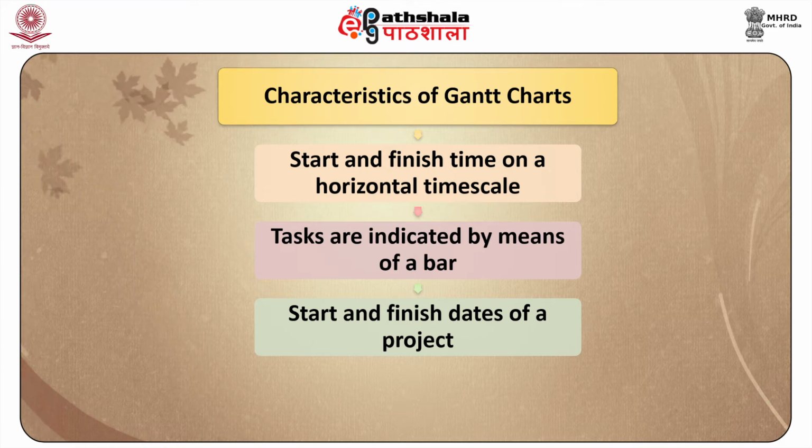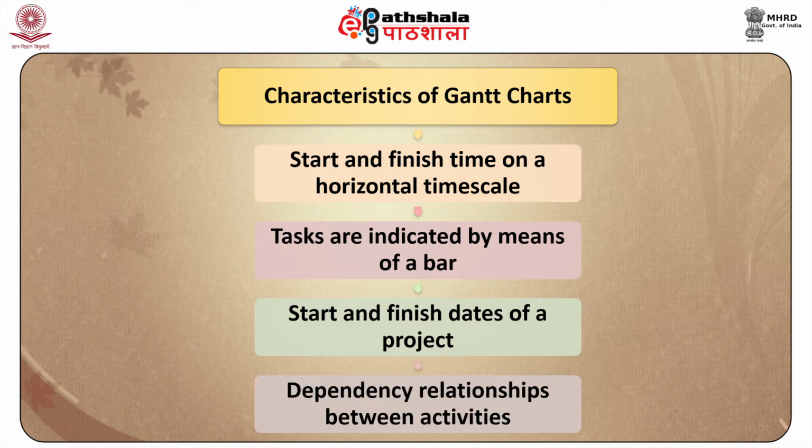Terminal elements and summary elements comprise the work breakdown structure of the project. Some Gantt charts also show the dependency relationship between the activities. For example, unless task 3 is completed, task 4 cannot start. For example, unless the interview schedule is prepared, we cannot go for data collection. The length of the bar indicates the required time for the task, whereas the width has no significance.